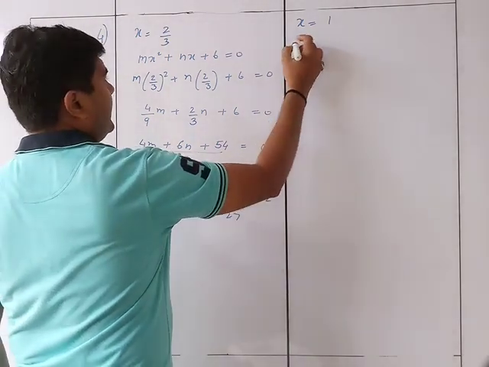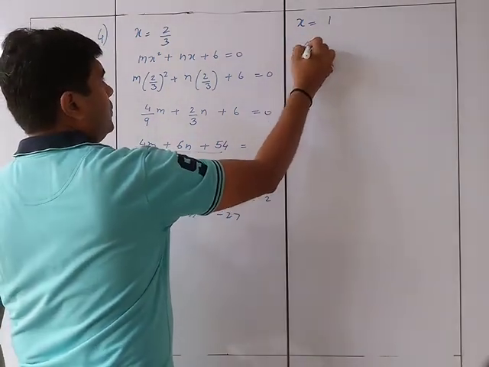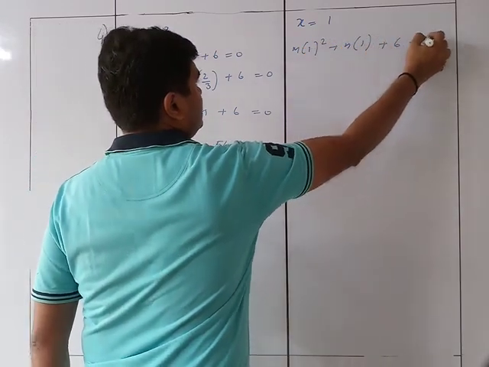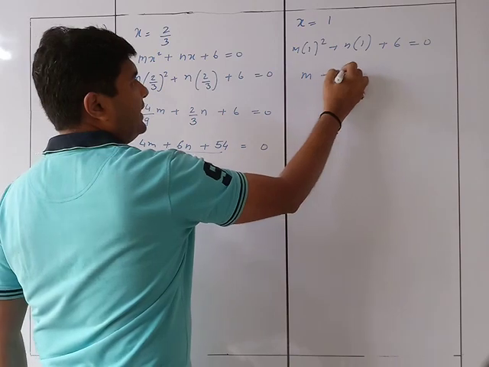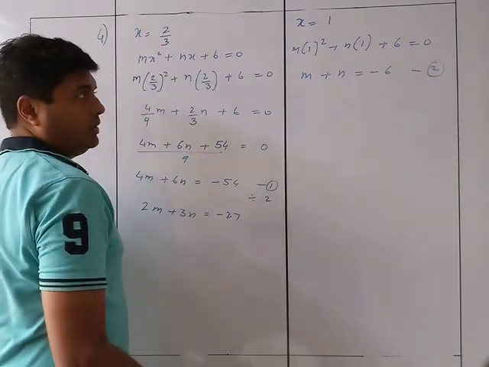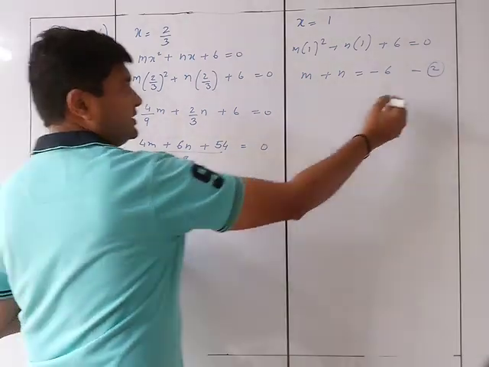In the same way over here, you get m into 1 square plus n into 1 plus 6 is equal to 0. So m plus n is equal to minus 6 is my second equation. You can multiply this by 2.